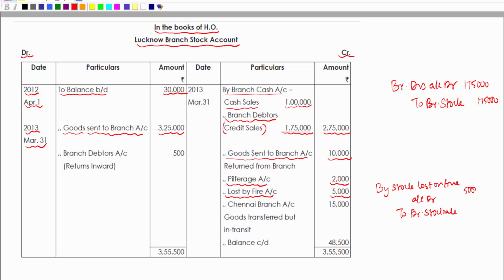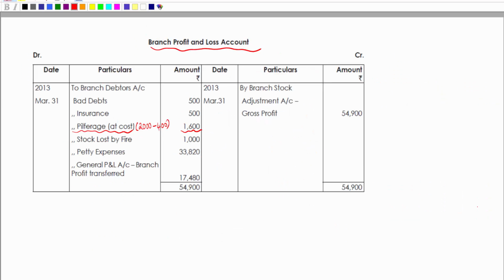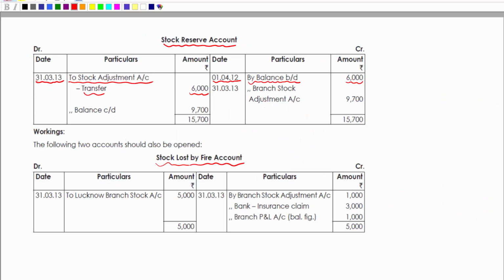So that's how we have passed the entry, 5,000 and 5,000. It means this stock lost on fire account should be debited by crediting the stock account 5,000. So let's see whether that was done. Yes, stock lost by fire account was debited by crediting the Lucknow branch stock account 5,000.